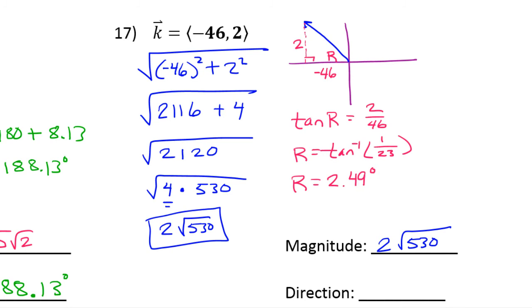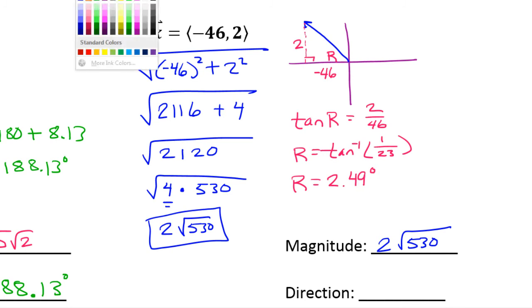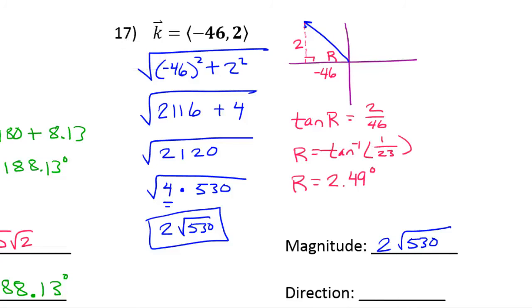Okay, so that is the reference angle, but it is not the direction. The direction has to be measured from the positive x-axis. I will call it theta. If I had kept going, I would have gotten to 180 degrees.